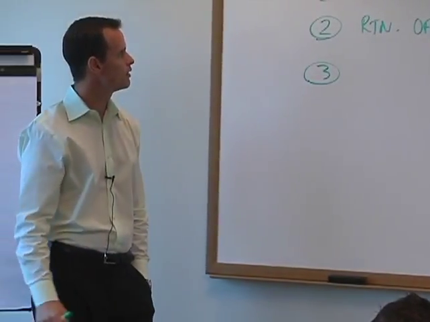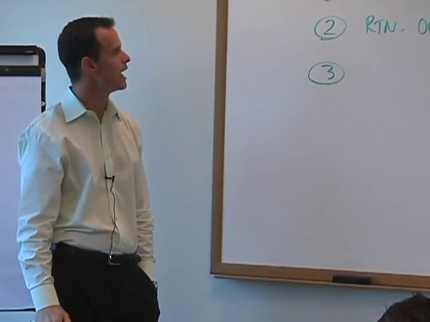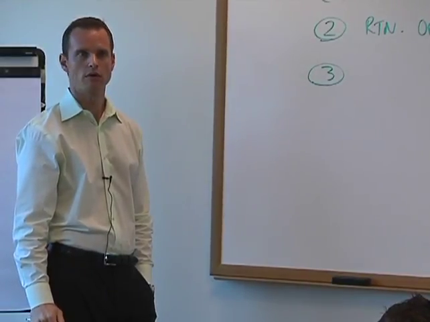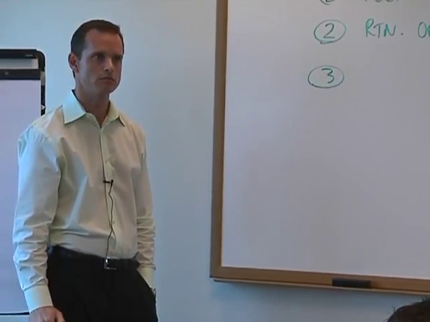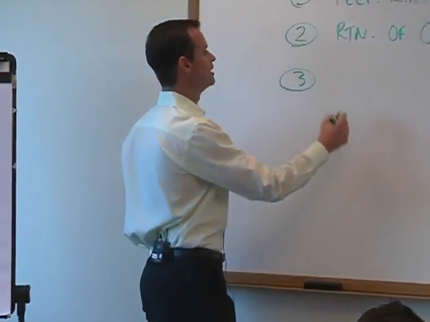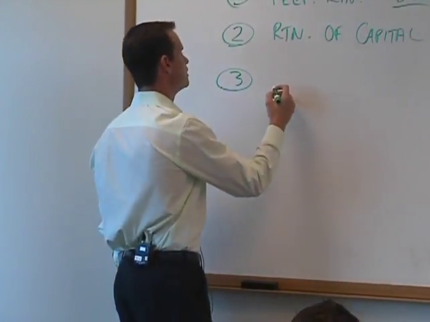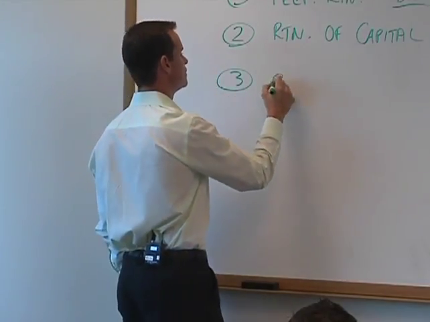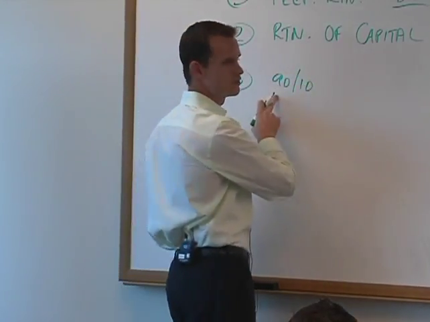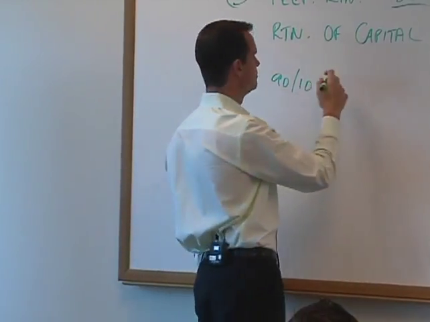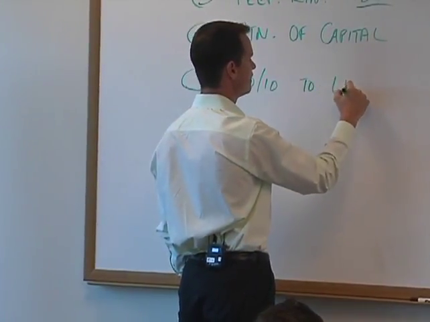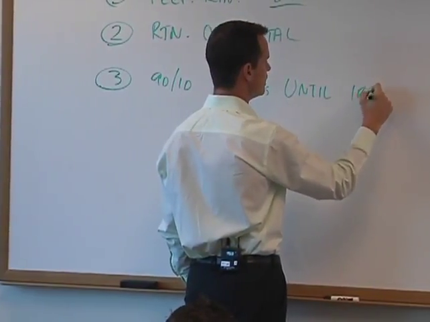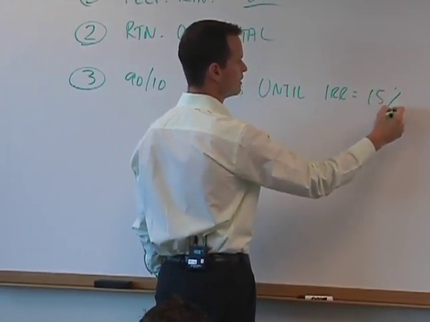All right, the third thing that might happen is we might have what we call a look back. We're going to return capital and pay returns to our LPs. Let's say we distribute cash 90-10, 90% to the LPs and 10% to the GPs, 90% in favor of our LPs until their IRR equals, let's say, 15%.